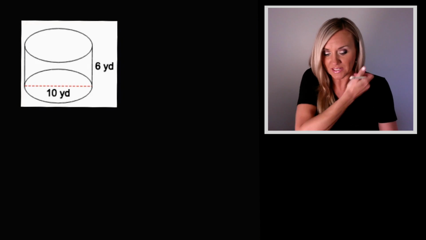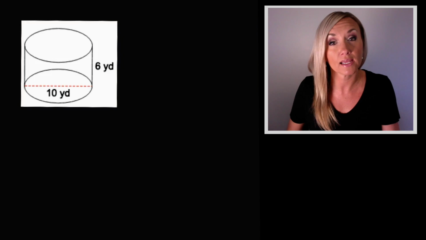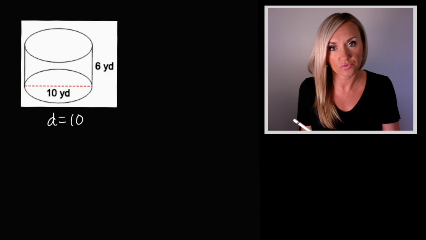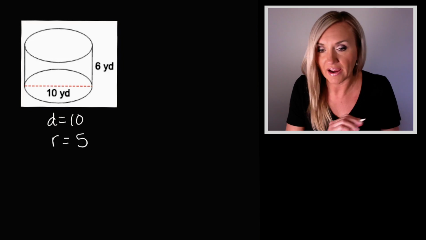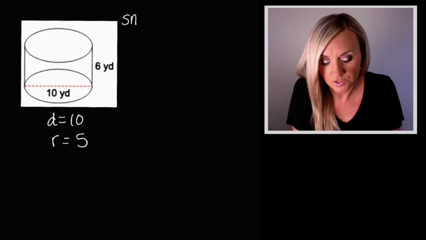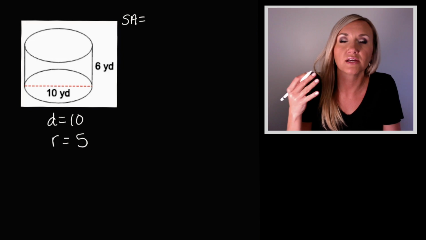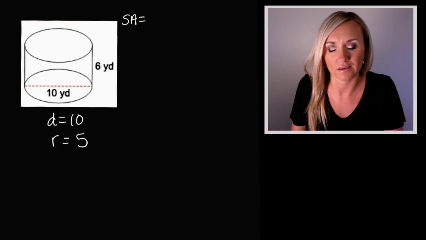Okay, so let's take a look at example 2. Example 2 gives us the diameter. The diameter is 10, so therefore the radius is 5. Cool. All right, I always just write down the formula. I just feel like for surface area, it's a great practice. You almost memorize that formula, but it also keeps me organized.